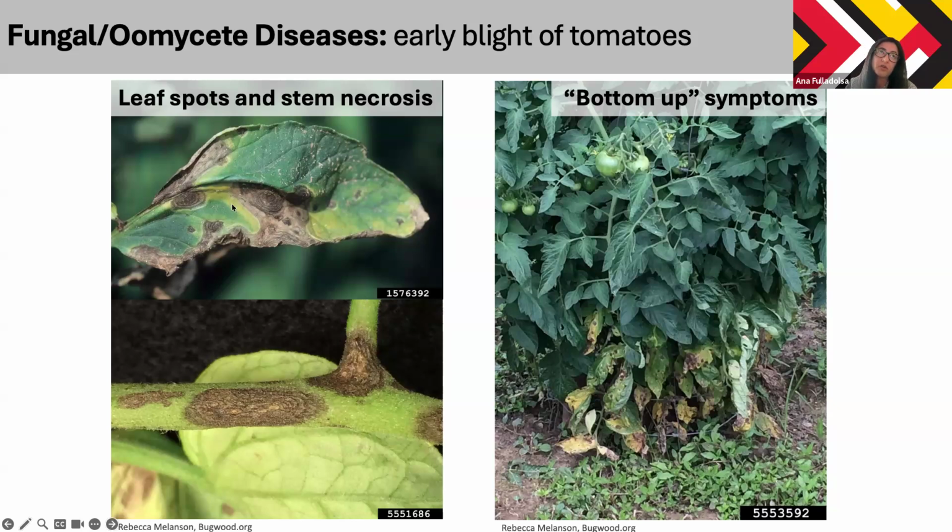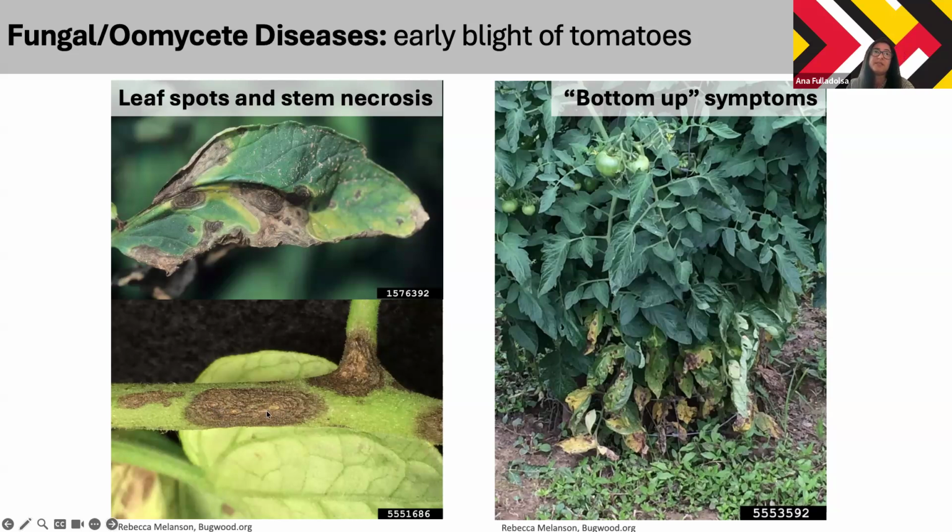You might notice that the leaf spots have these concentric rings, so we call it a bullseye target spot. And the same happens on the stems where you see the necrosis.